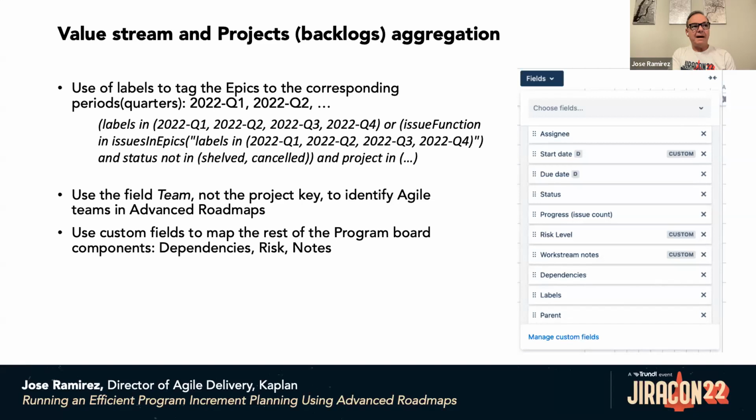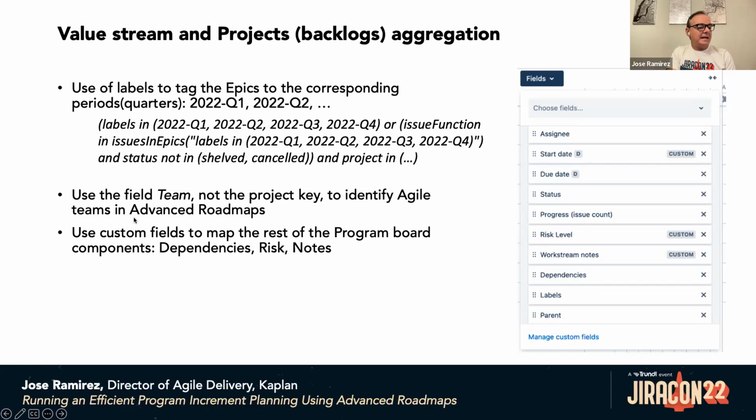So for example, by the final sprint of Q4, we will be creating 2023 Q1 and 2023 Q2, Q3, or Q4. So then the labels for the upcoming periods.